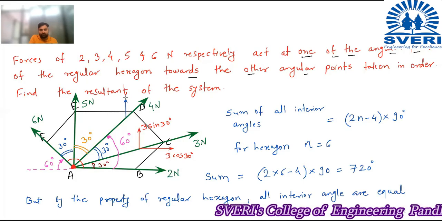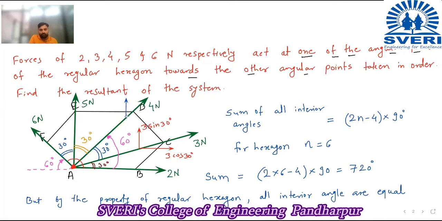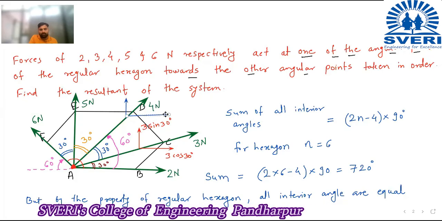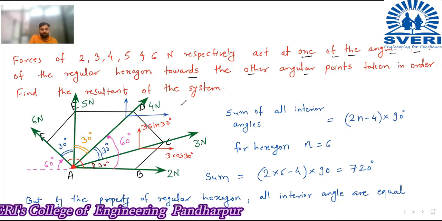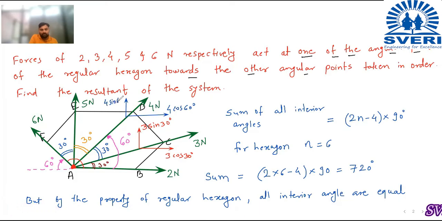So one component is parallel to y and another component is parallel to x. So this is 4 cos 60 and this will be 4 sin 60. And last, please, this 6 kilonewton force.